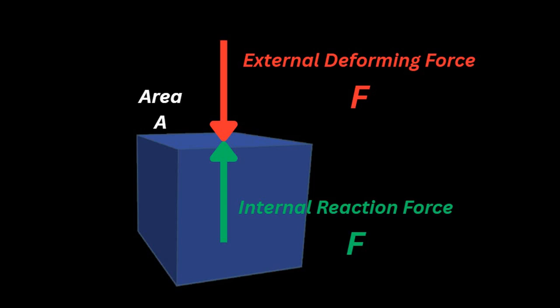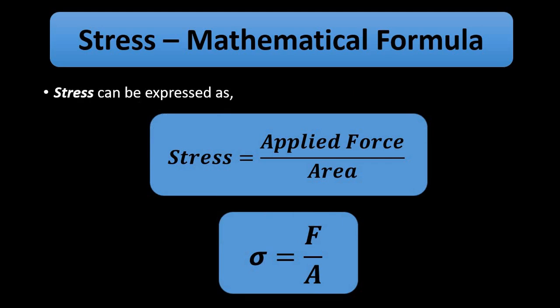There will be an internal reaction force of the same magnitude but in the opposite direction. So that reaction force per unit area gives us the stress, as they're equal in magnitude. If you write applied force or reaction force, it is the same. So this gives us the stress.